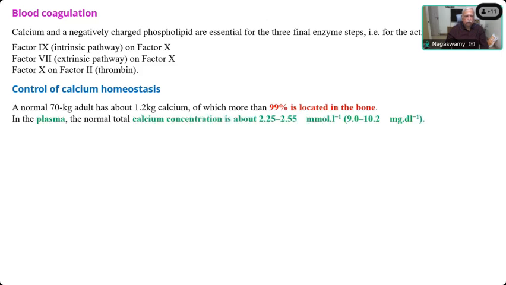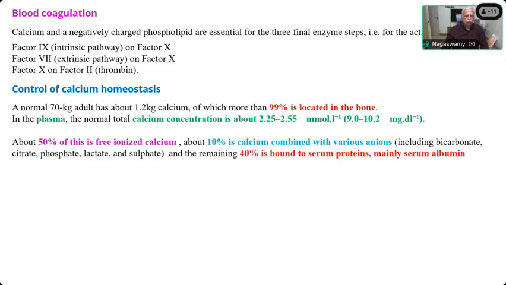And in the plasma, the normal calcium concentration is 2.2 to 2.55 millimoles, or 9 to roughly 10.5 milligram per deciliter. And 50% of this is free ionized calcium, which is the only form that is functionally active. And 10% is combined with various anions, including bicarbonate, citrate, phosphate, lactate, and sulfate.